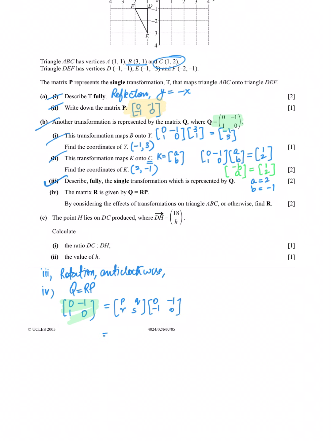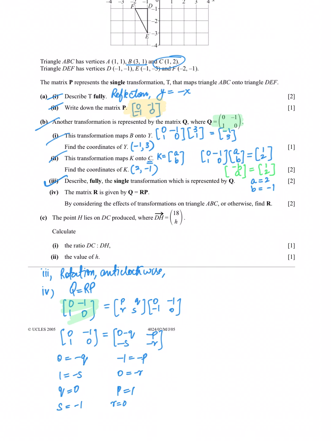Now we can start multiplication on the right side. So P into 0 is 0, minus Q, P into minus 1 is minus P, R into 0 is 0, minus S, and that will be minus R. And on my left side I have 0 1 minus 1 0. Now I can equate. So 0 equals minus Q, minus 1 equals minus P, 1 equals minus S, and 0 equals minus R. So Q is 0, P is 1, S is minus 1, and R is 0.